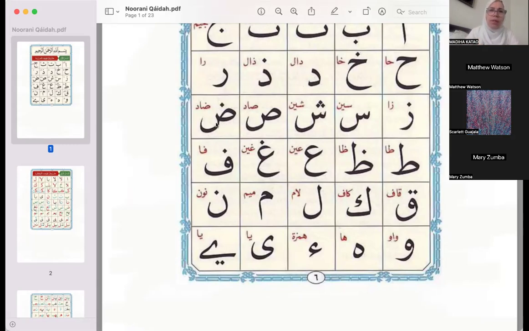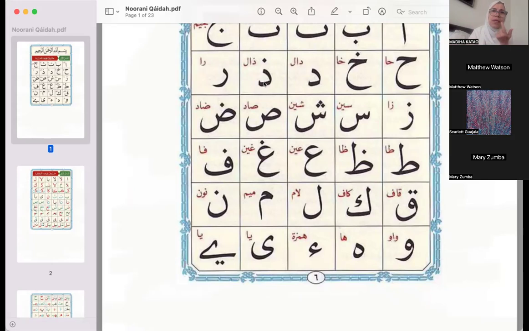Sad, Dad. Like the word dalin, dalal. Dalal is when you're lost, okay? Then we have two letters here, Ta and Tha. My tongue also comes between the teeth, just like when we said Dal. They're the same part of your mouth.